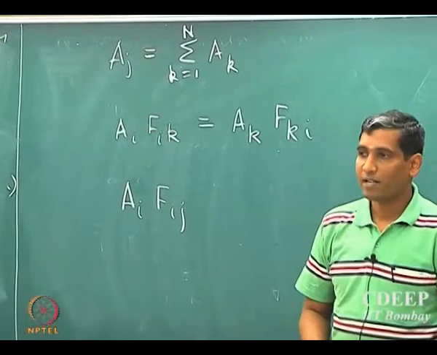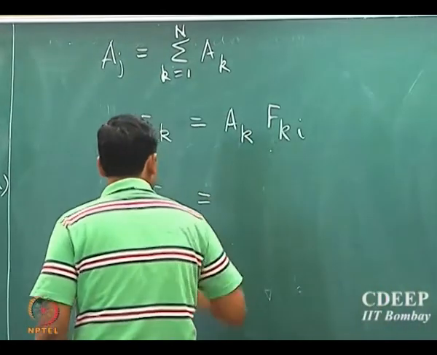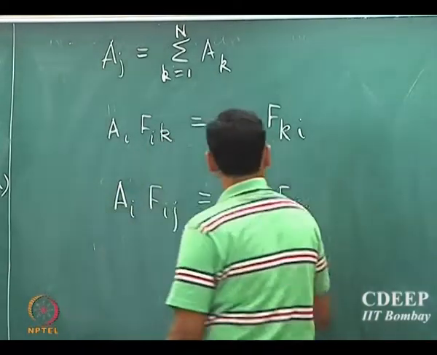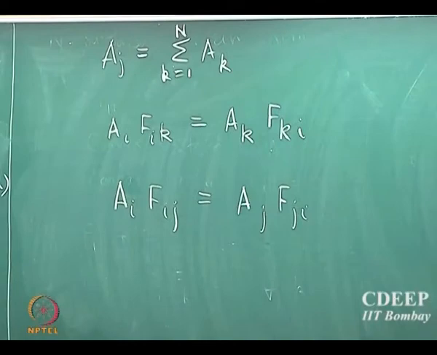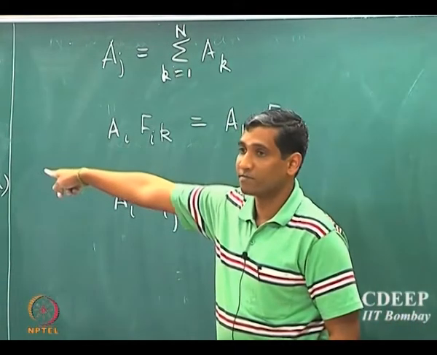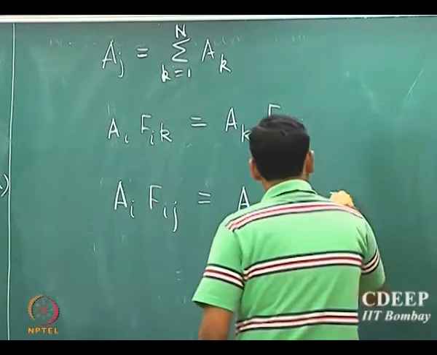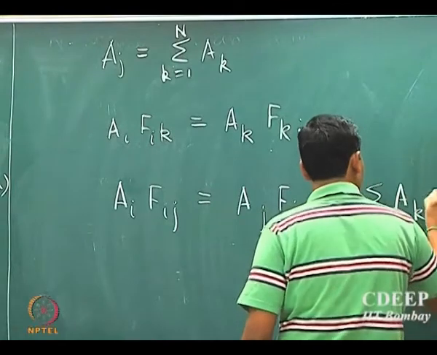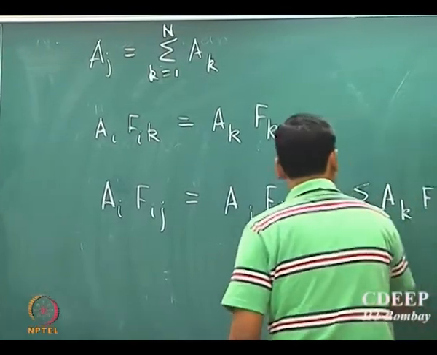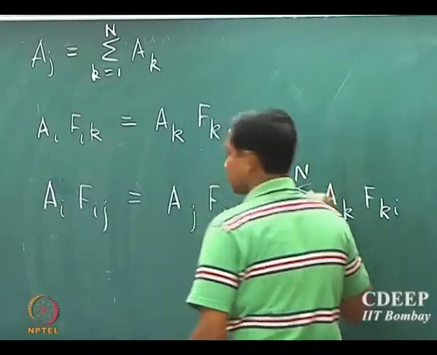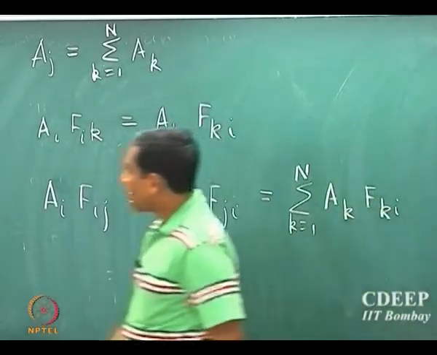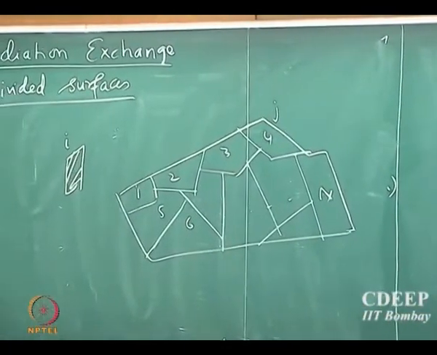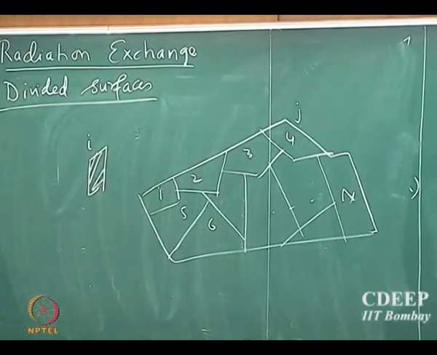That's nothing but Aj Fji, from the reciprocity relationship for the overall surface. So that should be equal to the sum of AK Fki, k going from 1 to n. So it's just a sum over all the divided surfaces. Any questions on this so far?